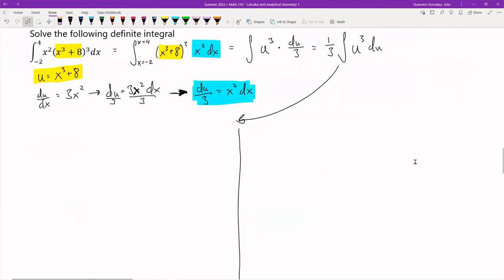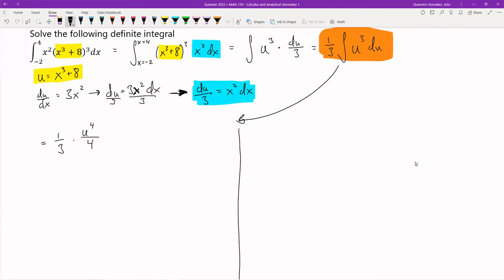So technically at this point, this is where the two methods sort of separate. We know what the integral of this is. So I'm going to keep going from this point right here. This is going to be 1/3 times u to the 4th over 4.